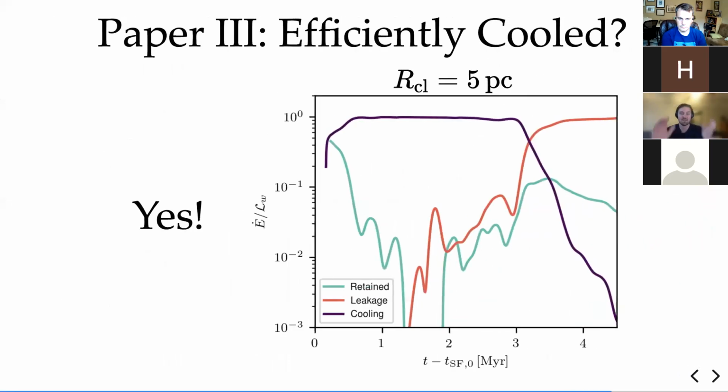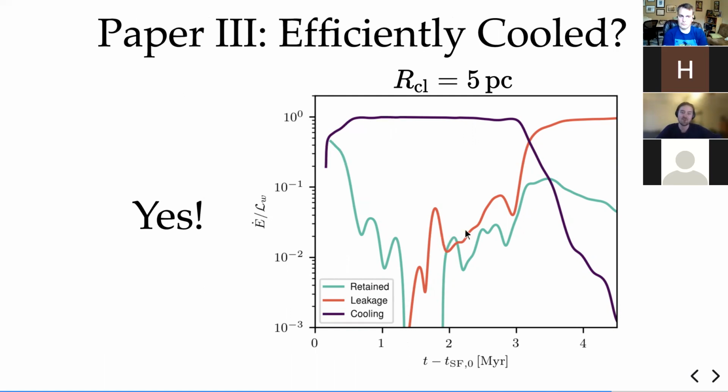We can investigate that within these new simulations, and the answer is yes, they're both important. What I'm showing here is, as a function of time, where the luminosity of the wind is going. The blue line shows the fraction of the wind luminosity going into cooling.